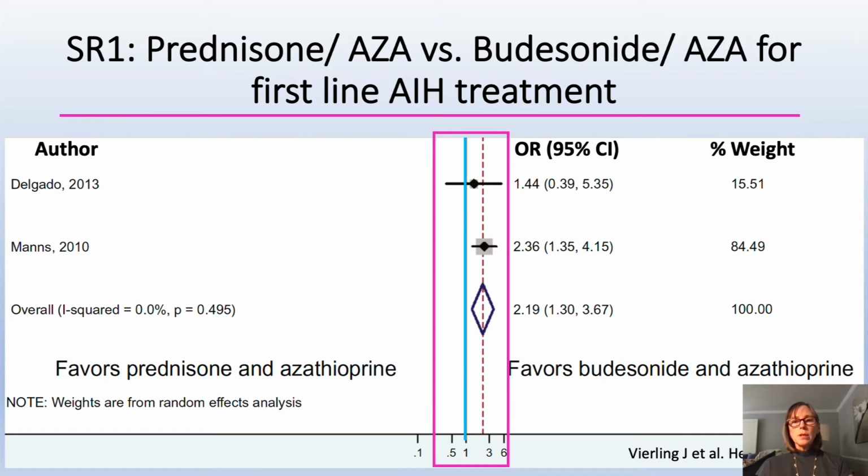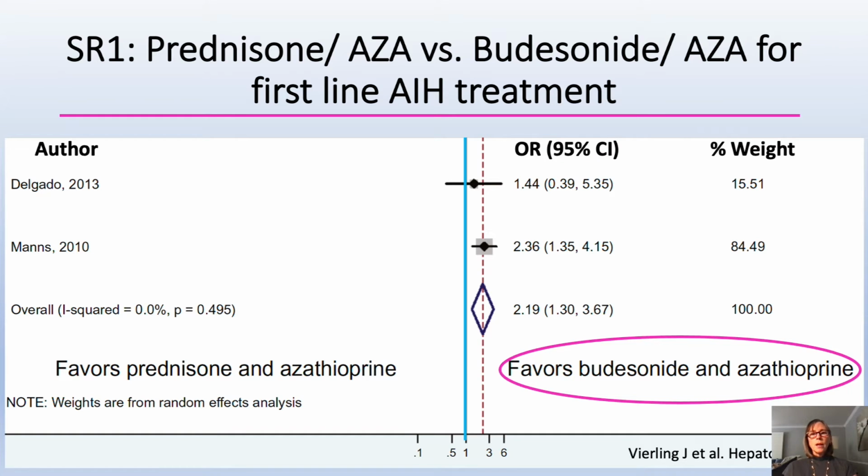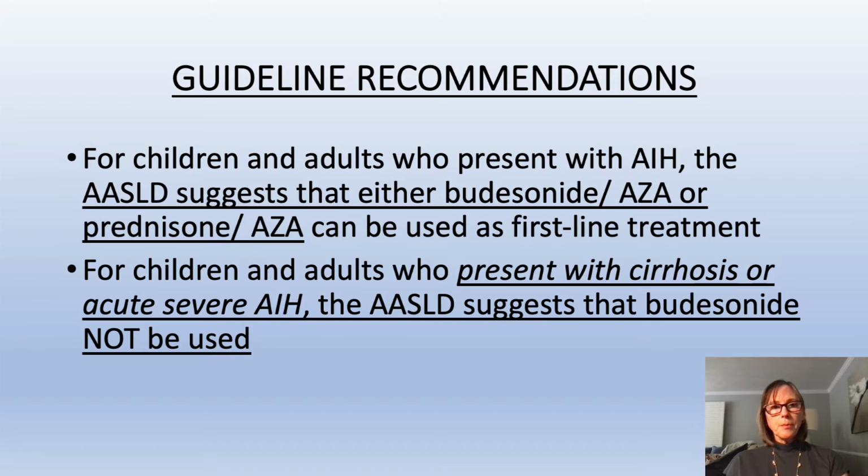Now, if there's no difference between groups, the prednisone group versus the budesonide group, then that diamond would fall right in the middle on the blue line. However, in this analysis, the diamond was shifted to the right, favoring the budesonide with azathioprine group over the prednisone with azathioprine group, suggesting that in these two studies, budesonide was more effective than prednisone.